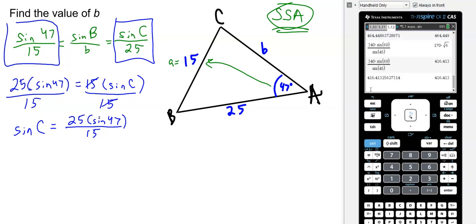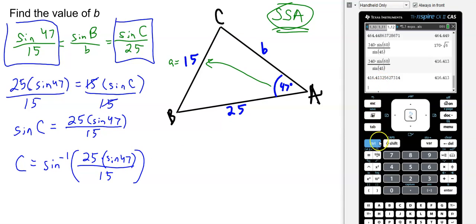The last step to solve, you probably know this, is to take the inverse sine of both sides. We talked about this yesterday with the right triangle trig. It's still true. So we take the inverse sine of that whole side, 25 times sine of 47 all over 15. Let's type this in.